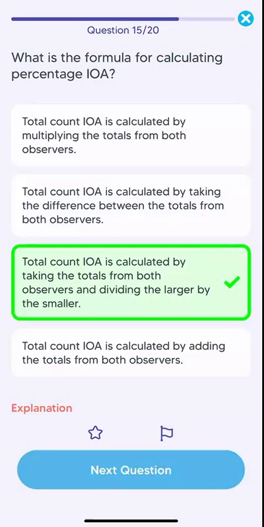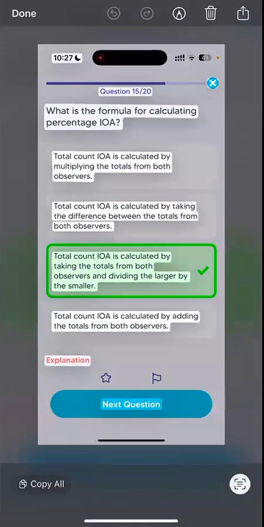If I want to know the percentage, I multiply like this: 2 into 5, then divide by 100. That is how the answer comes.